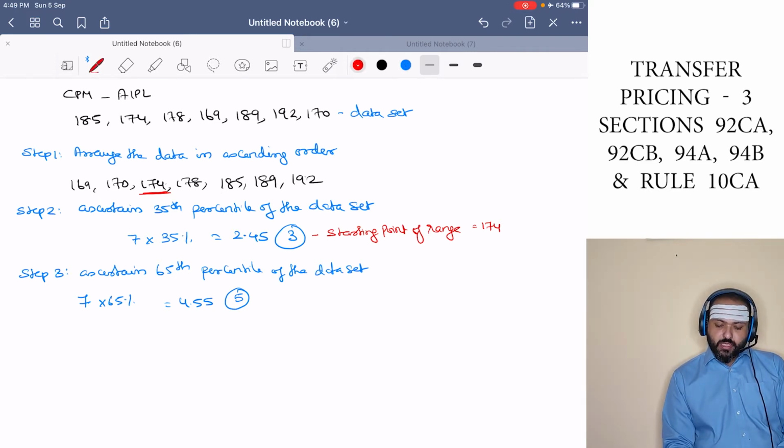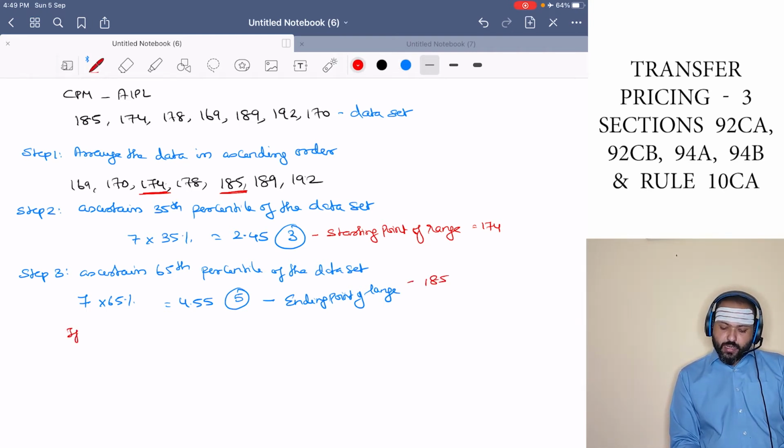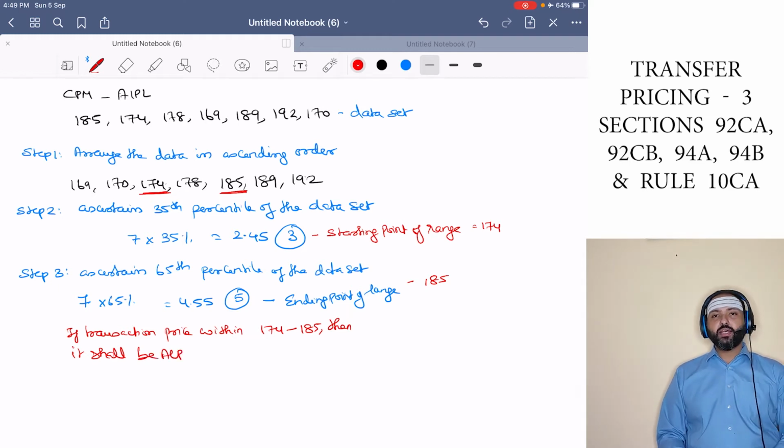The 5th price that we have is 185. Therefore, this will be the ending point of the range. So what is the price? 185. Therefore, if the transaction price is within 174 to 185, then it shall be ALP.